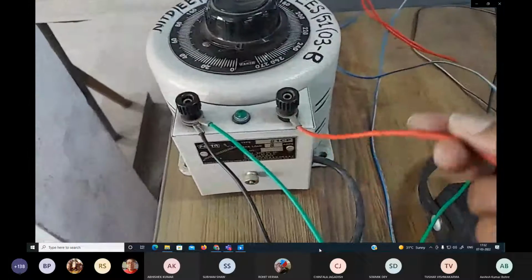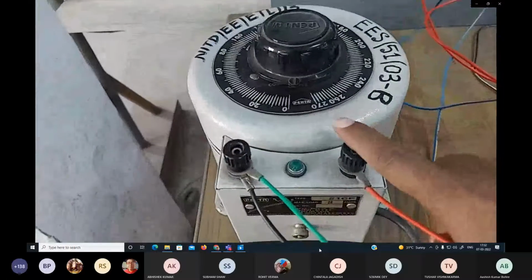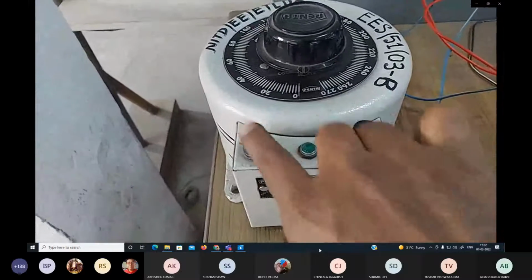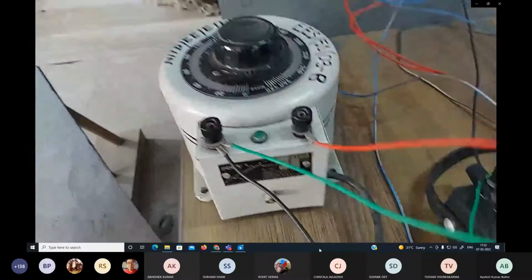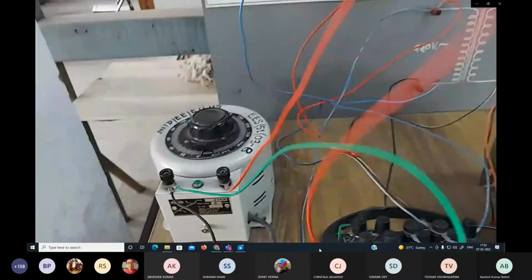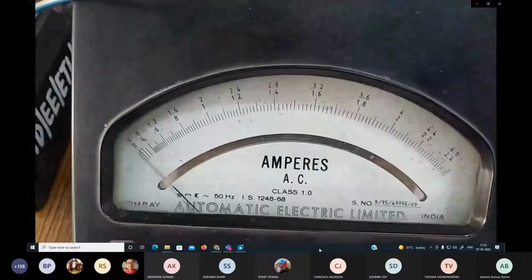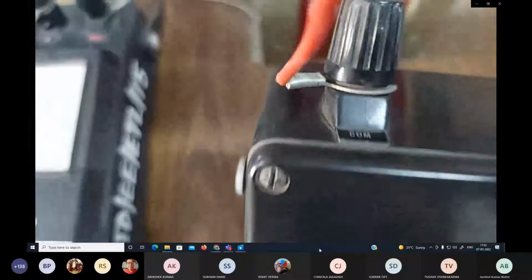After that, we will get the ammeter connection. We will start from the positive terminal of the variac, which is this one, though we could consider the other one as well, but here we have considered this one as positive. Keep that in mind. The red wire is going to the input of the ammeter, and that input will be connected to the common point.